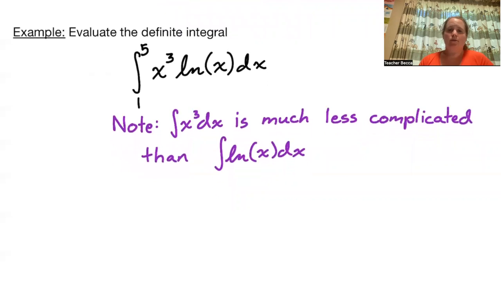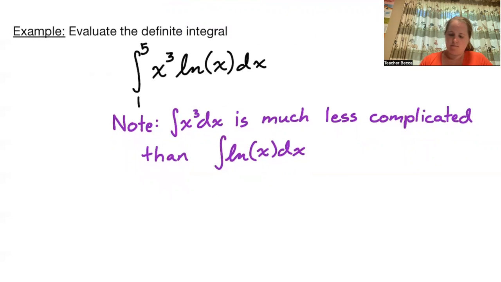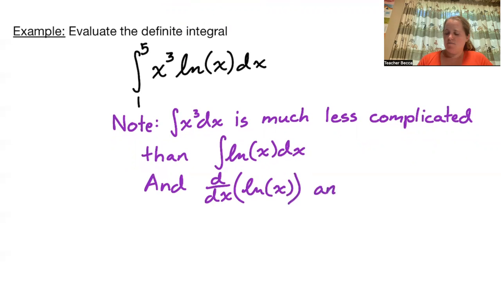Furthermore, the derivative of natural log of x is not really any more complicated than the derivative of x cubed.